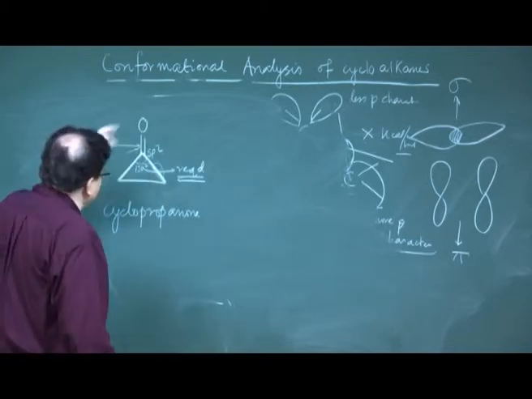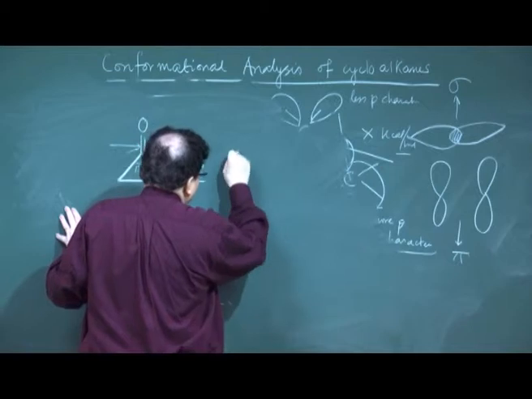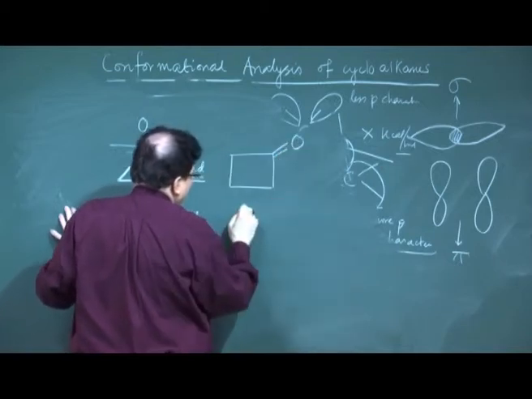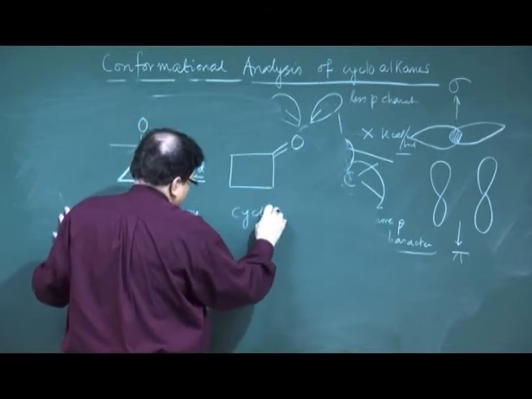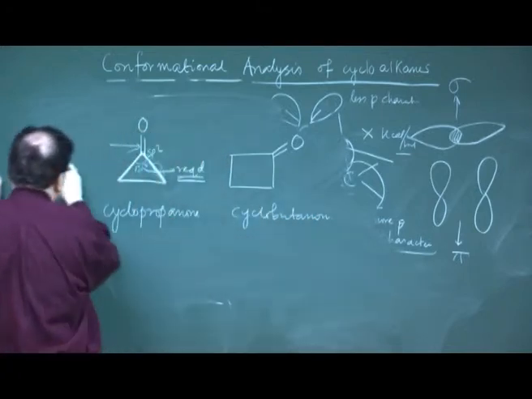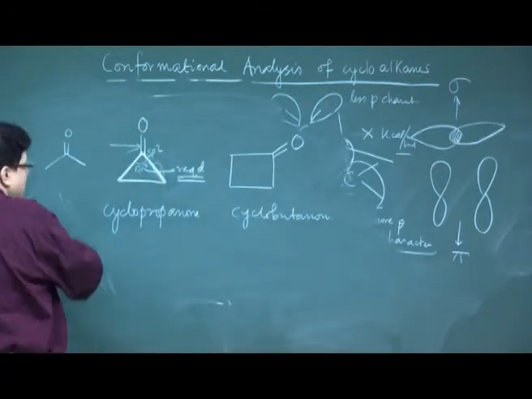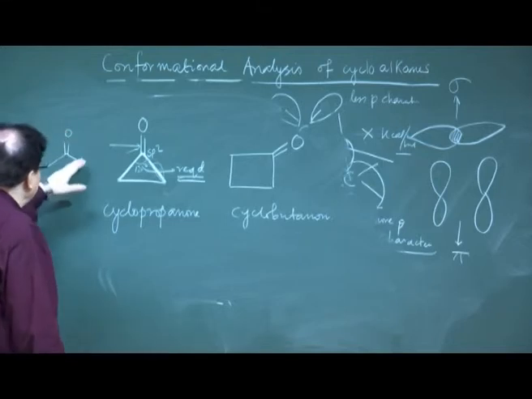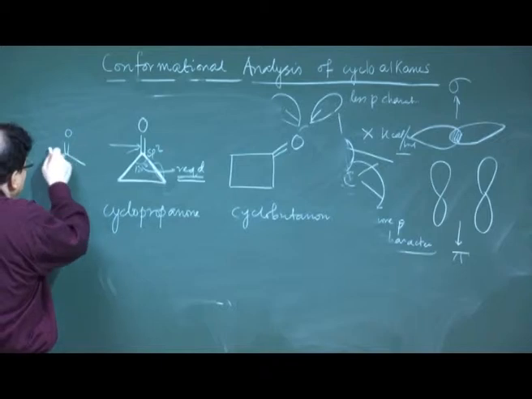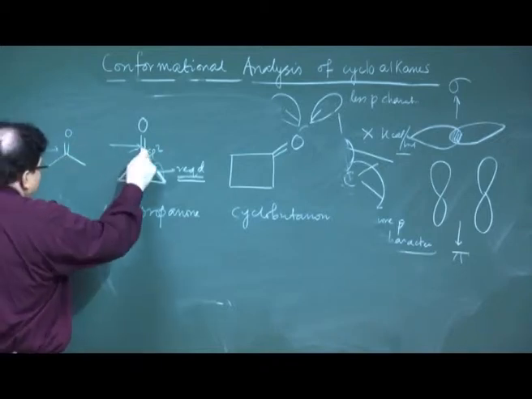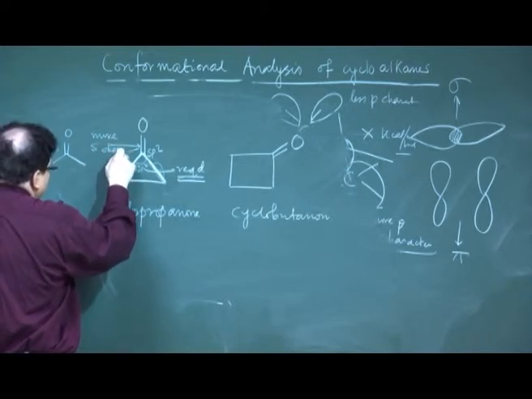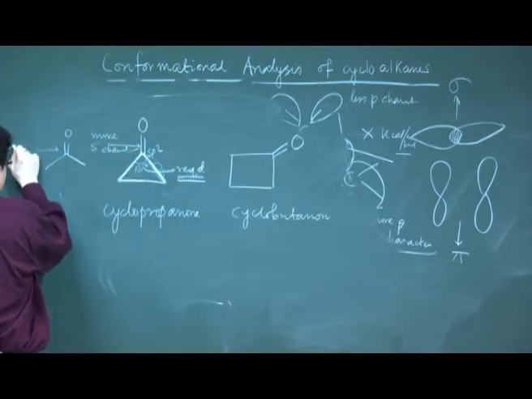So, this carbonyl should be stronger than if you take a cyclobutanone, or forget about the cyclic system, this carbonyl should be stronger than acetone, because in acetone there is no such strain, the angle is perfectly maintained. So, this will have more s character, and this will have less s character.